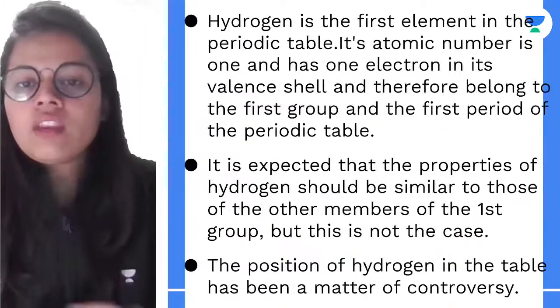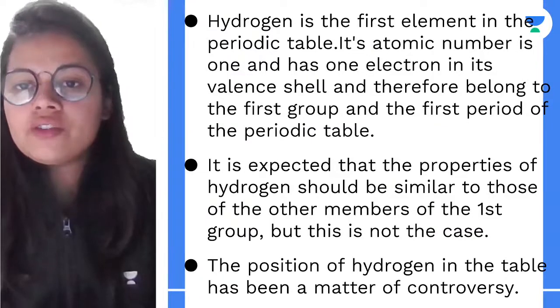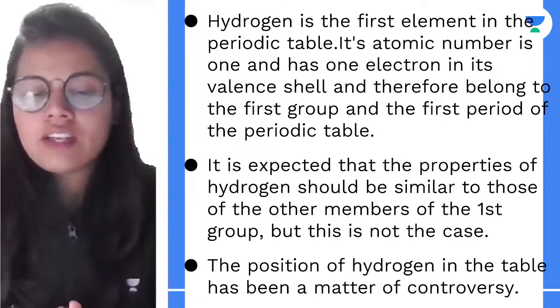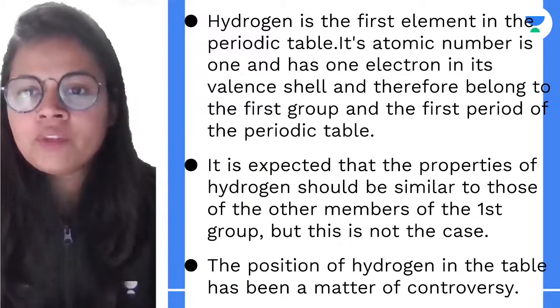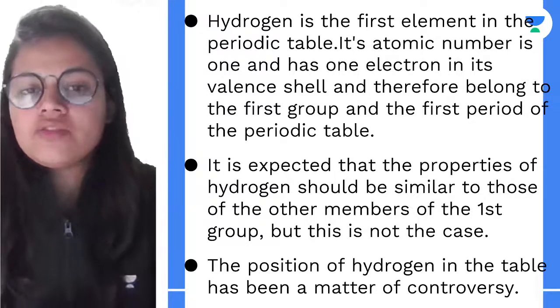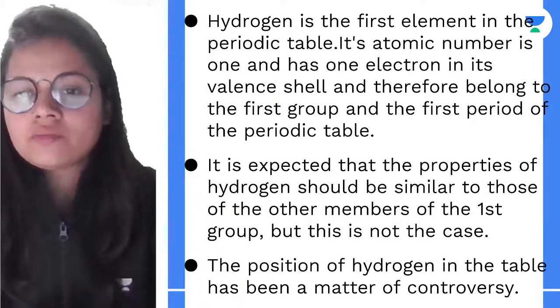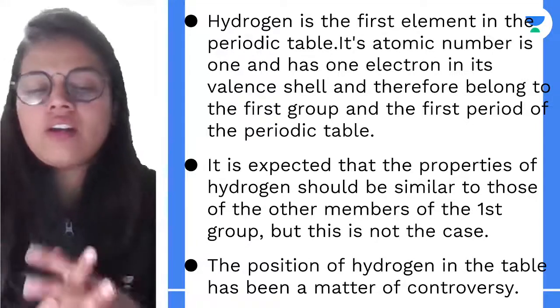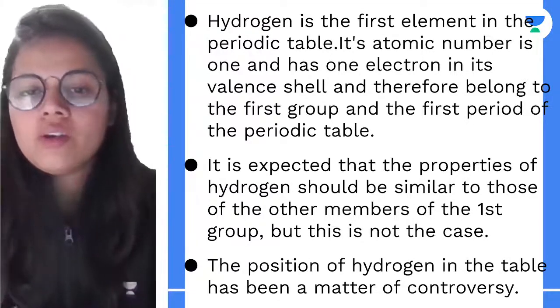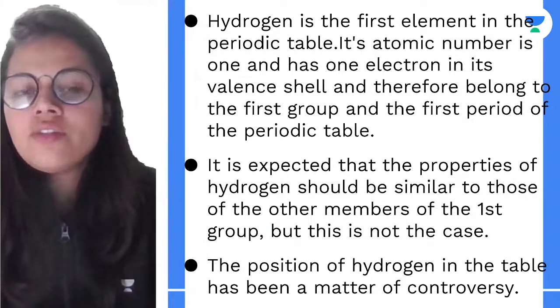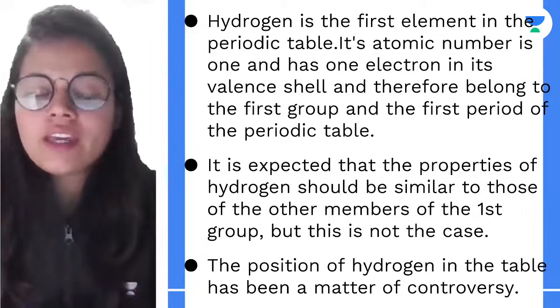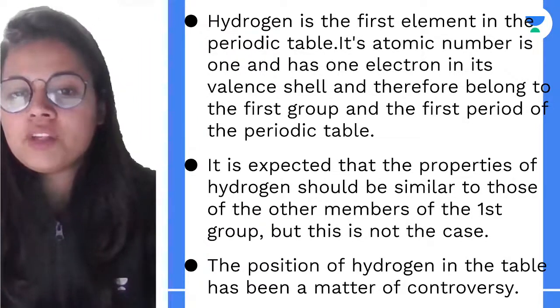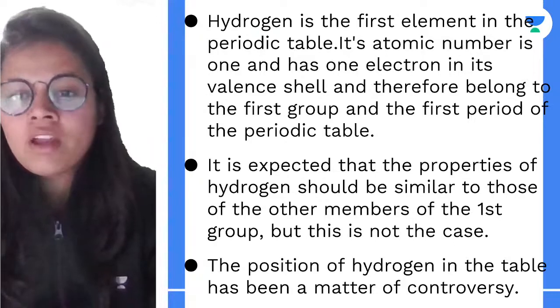Hydrogen is the first element of our periodic table. Its atomic number, as we already discussed, is 1, and it has 1 electron in the valence shell, or as a whole it has only 1 shell. Therefore it has been kept in the first group and first period of the periodic table.